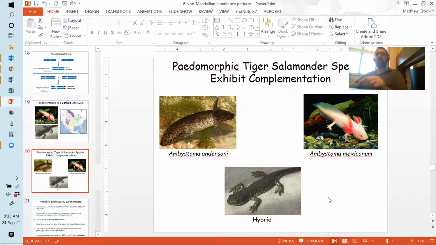And so that tells us that the genes that are responsible for the pedomorph phenotype in tiger salamander, pardon me, or this one, are completely different from the ones that control it in this one. So when you cross those together, essentially you have a heterozygote for all of those genes, and you don't exhibit the juvenile characteristics in the adult anymore. Right, so that's kind of another way of looking at it, essentially.